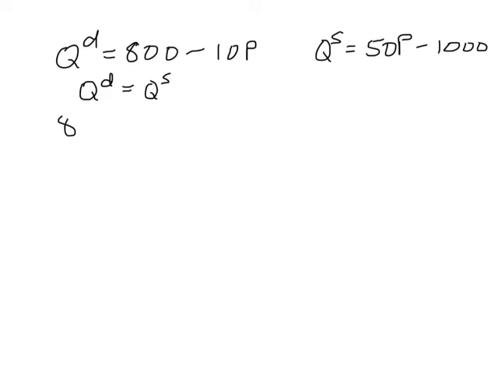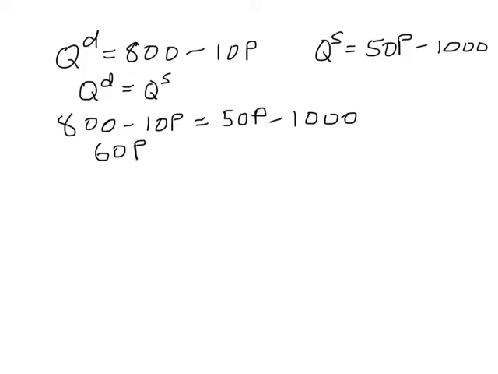So we can just go 800 minus 10p equals 50p minus 1000. Add 1000 to both sides, add 10p to both sides, and we get 60p equals 1800.